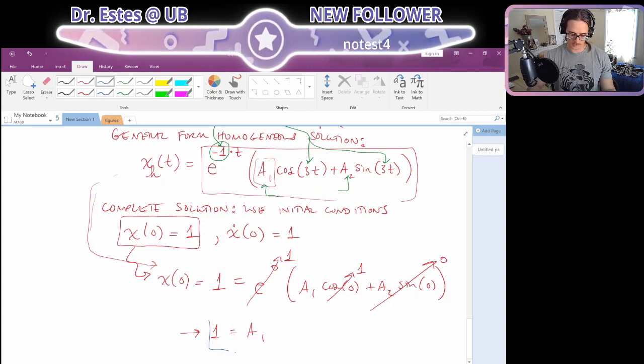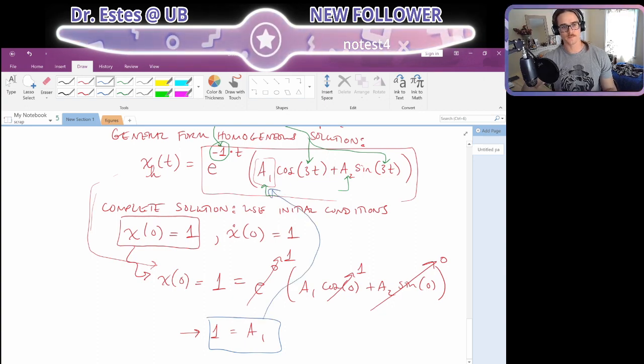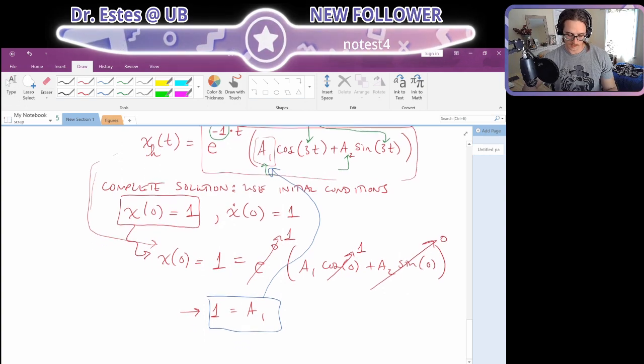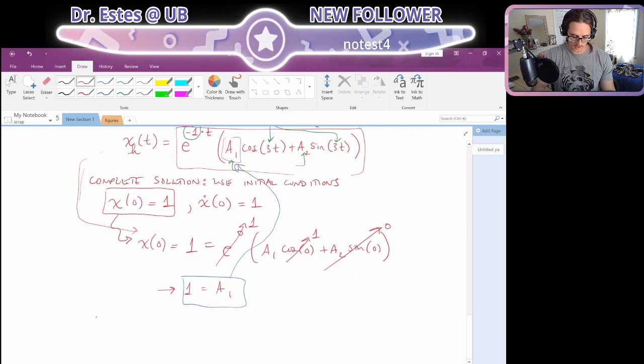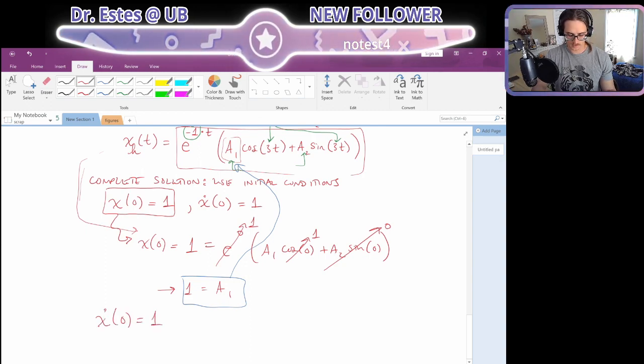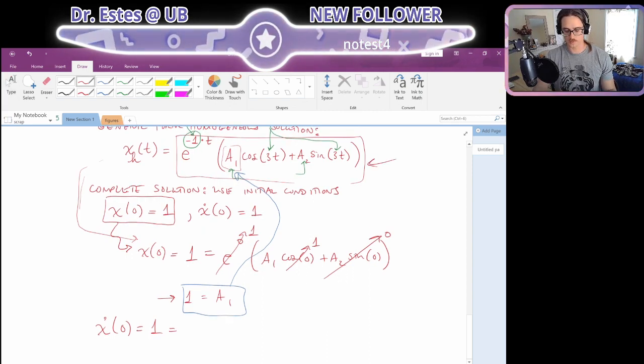And so you would be able to take this parameter and substitute it up there, right? Then to use the other initial condition, I have x dot 0 equals 1. And that's a little bit trickier because you have to take the first derivative of this.